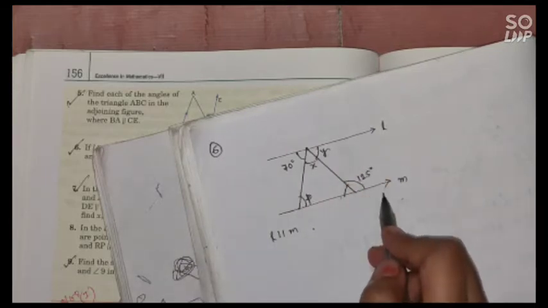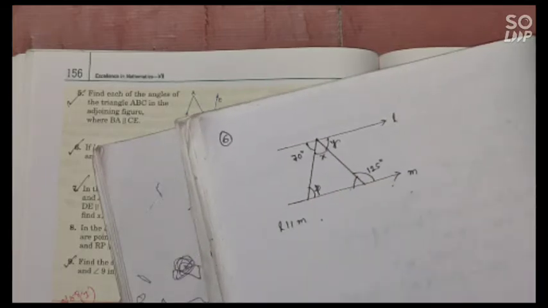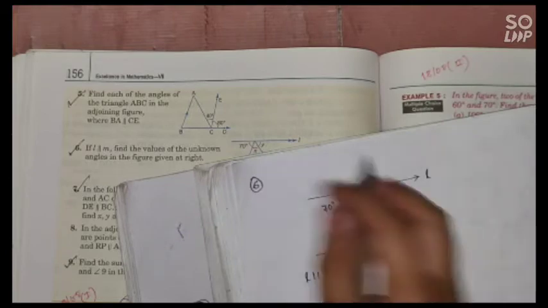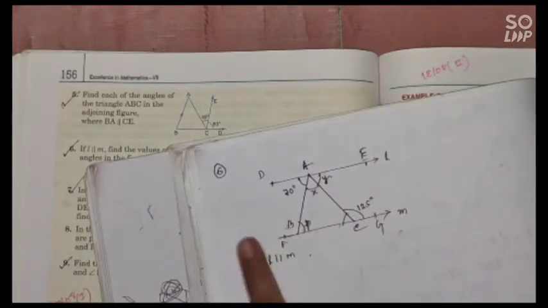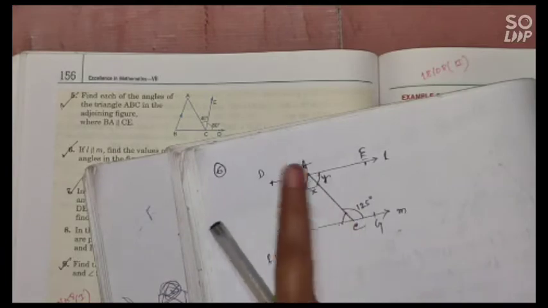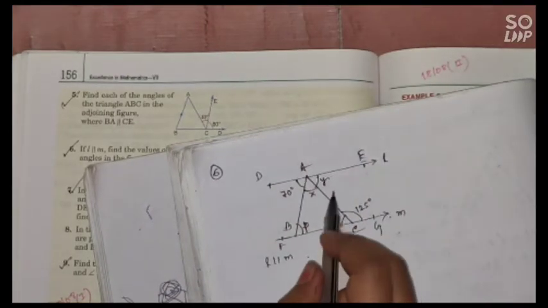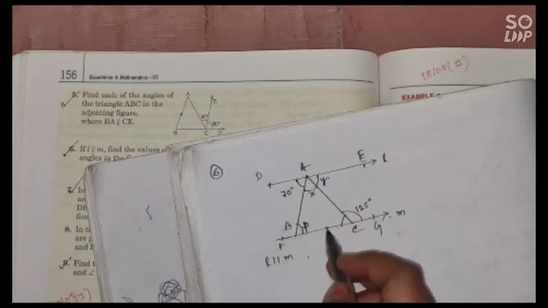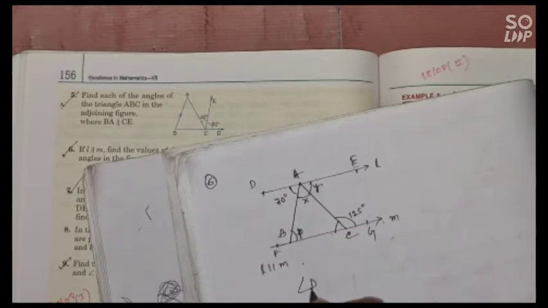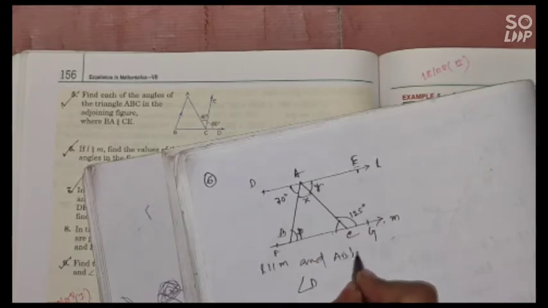Since L is parallel to M, first of all, naming the figure A, B, C, D, E, F, G. Since L is parallel to M, then angle DAB equal to angle ABC. And AB is the transversal.